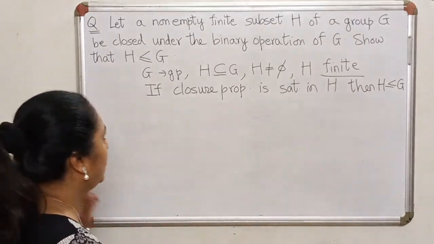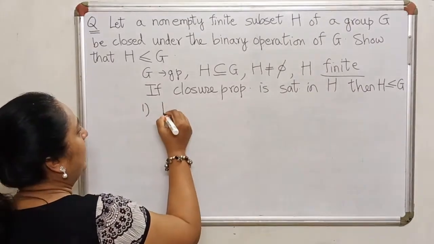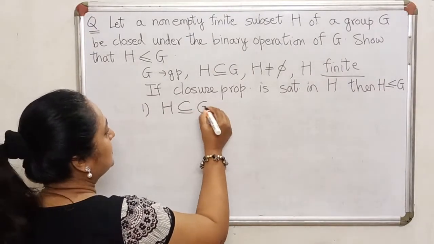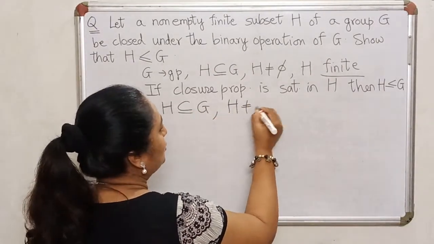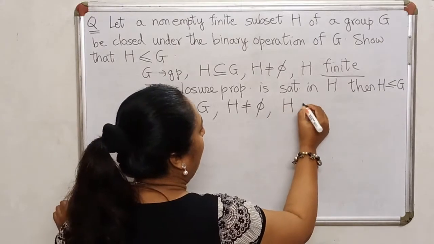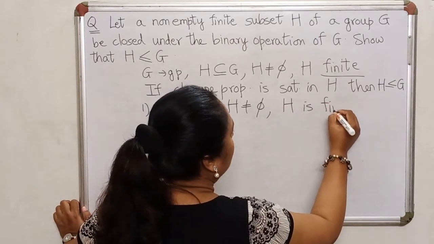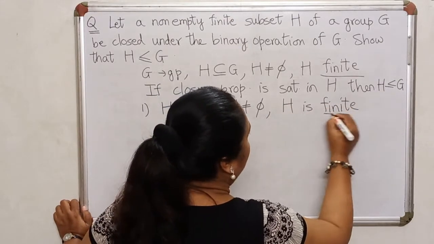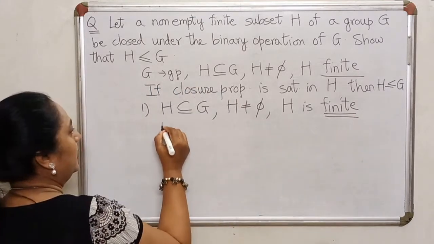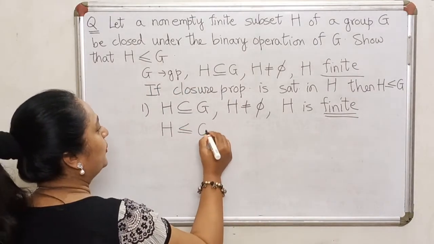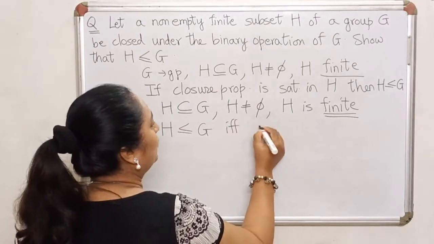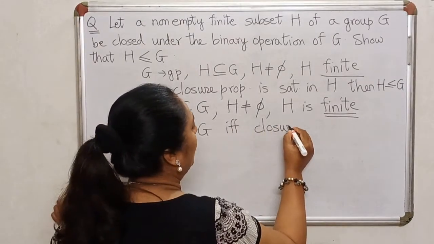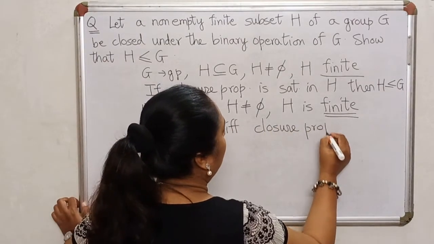So to summarize, if H is a subset of G, H is non-empty and H is finite, the keyword is finite over here, then H will be a subgroup of G if and only if closure property is satisfied in H.